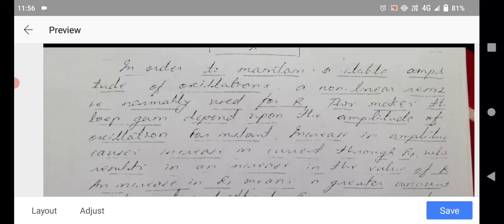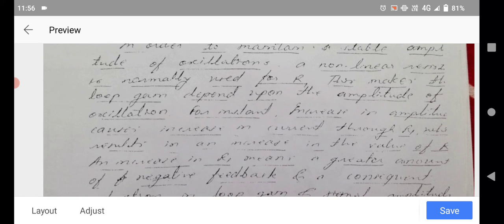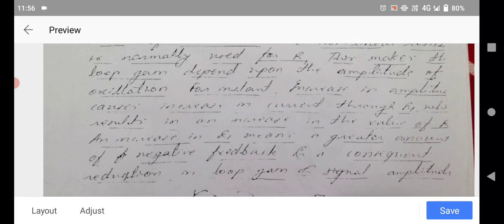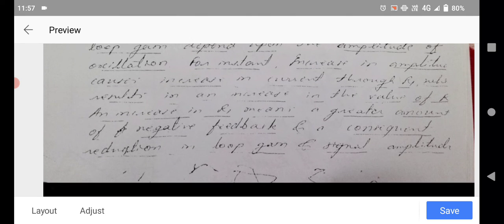Okay, so in that, in order to maintain a stable amplitude of the oscillations, a non-linear resistor is normally used for R1, and this makes the loop gain depend upon the amplitude of oscillation. Okay, for instance, an increase in amplitude causes an increase in the current through the R1 resistor, and this results in an increase in the value of the R1 resistor.